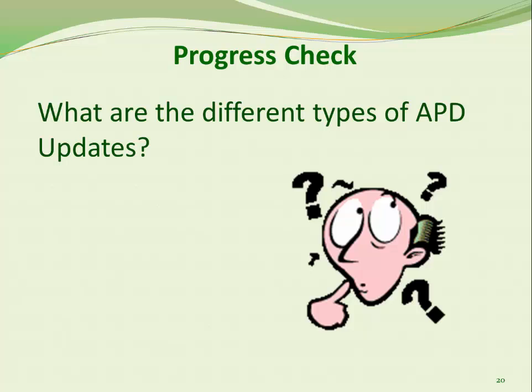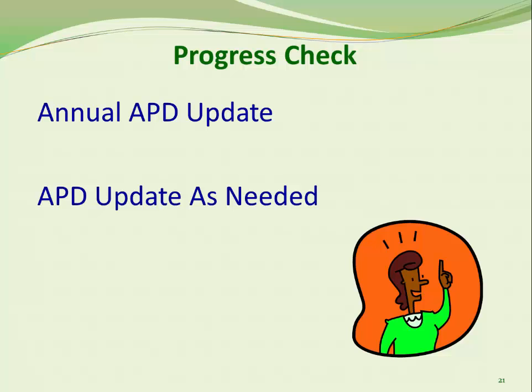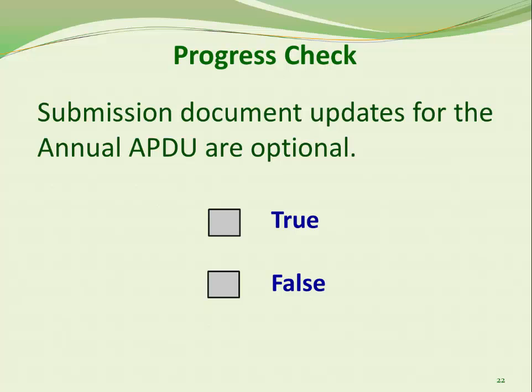Let's have a progress check. What are the different types of APD updates? The two types of APD updates are the annual APD update and the APD update as needed. Submission document updates for the annual APDU are optional. True or false?